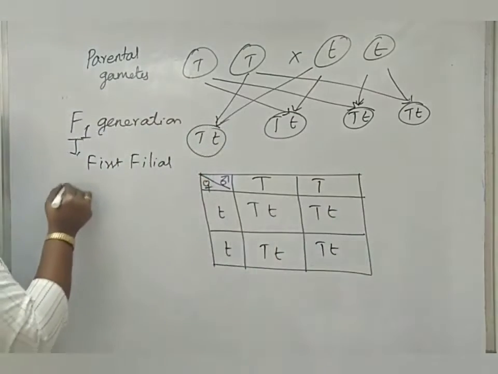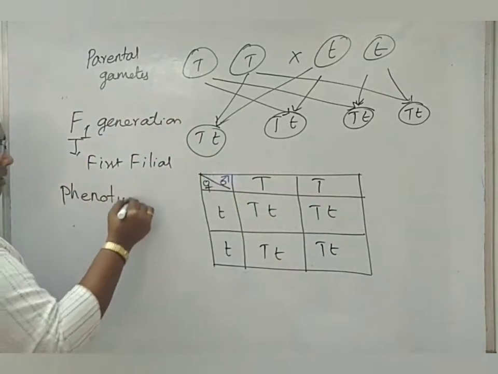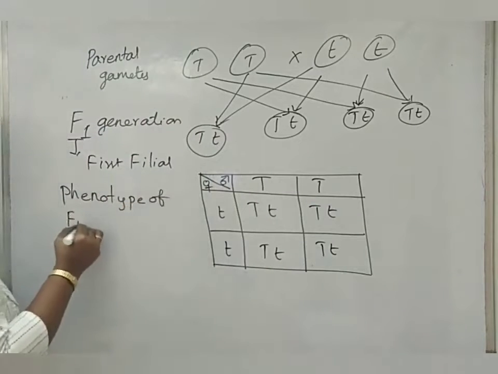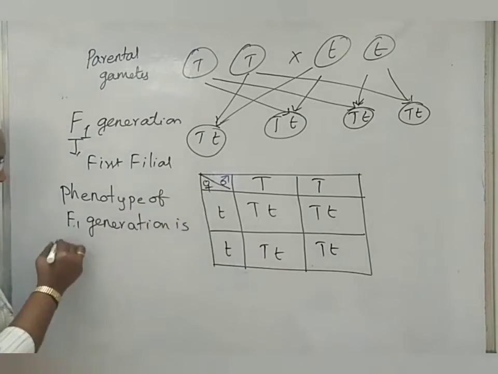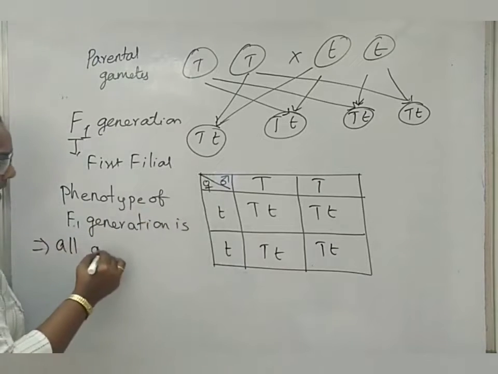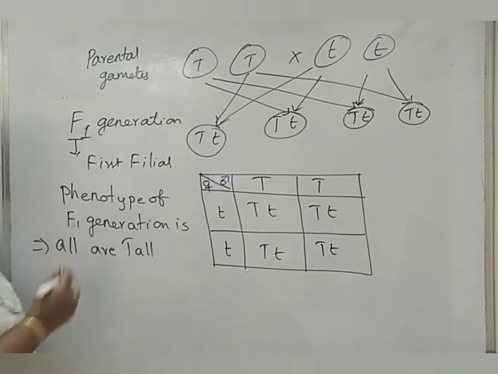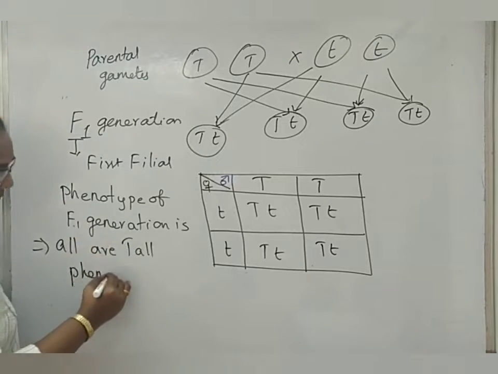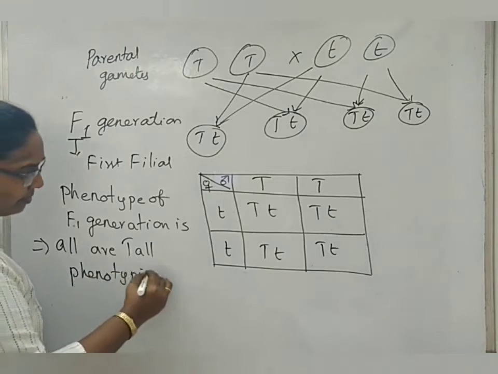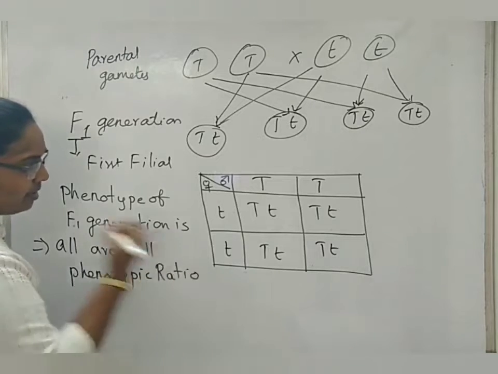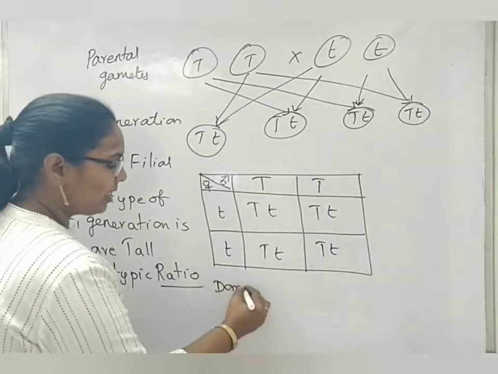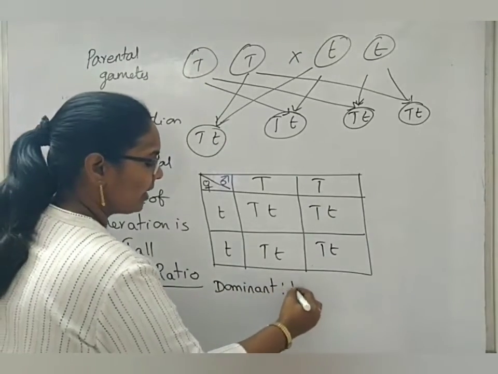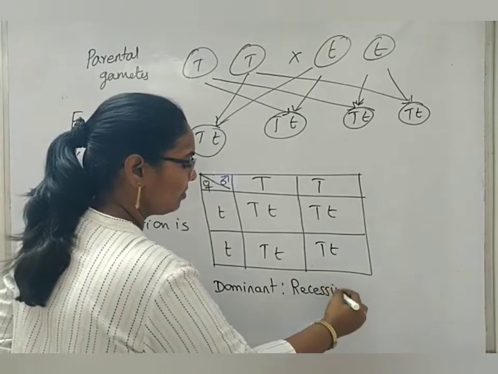Now, the phenotype of F1 generation: all are tall. Now, what is the ratio of phenotype? Phenotypic ratio. When we are representing the ratio, we have to write dominant is to recessive.